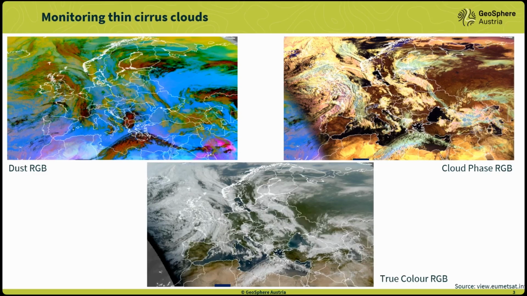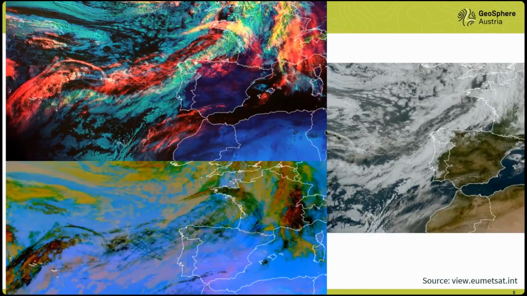But now let's compare a region with thin contrails with these three RGBs. Yeah, you can see here, this is the Iberian Peninsula, and we have here this region of contrails that can be seen really good in the dust RGB, those black streaks.